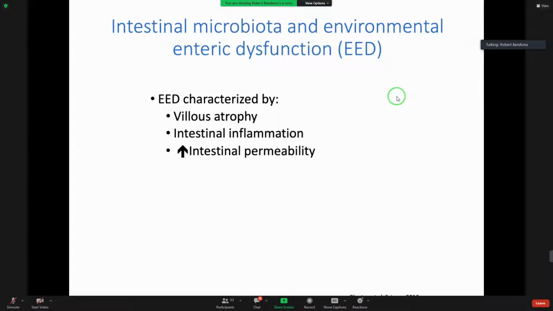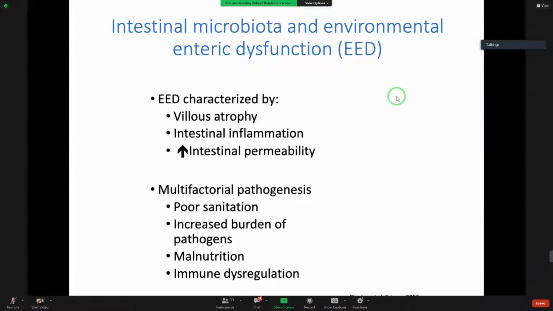I have a picture later on. And the pathogenesis is thought to be multifactorial. One is poor sanitation, leading in part to an increased burden of pathogens, malnutrition itself, and immune dysregulation, potentially related to being malnourished. So they're all interrelated.